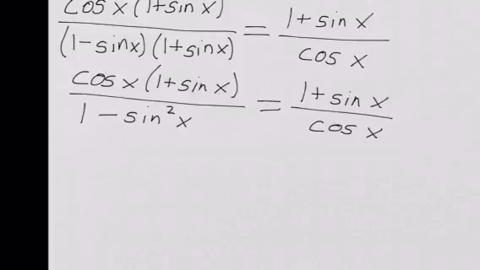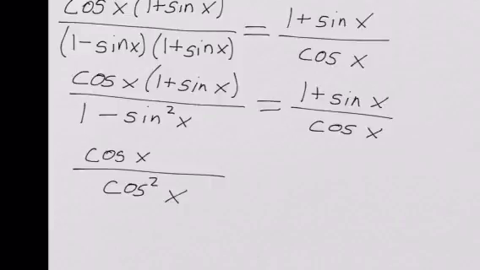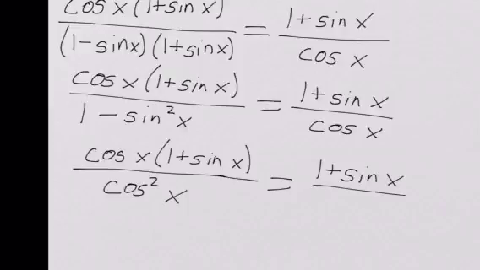We know 1 minus the sine squared of x is the cosine squared. So by doing that and then just copying everything over.